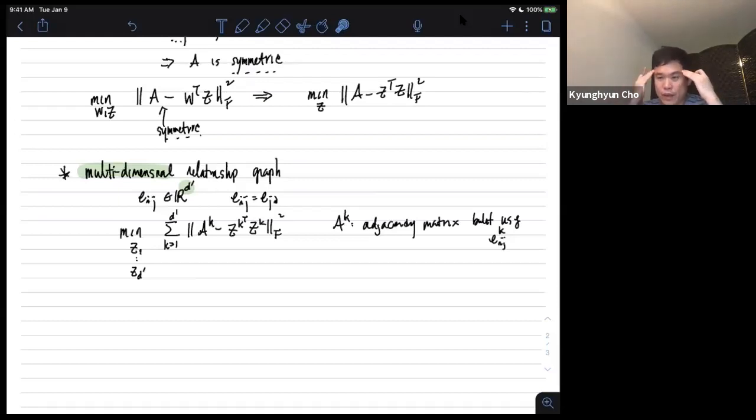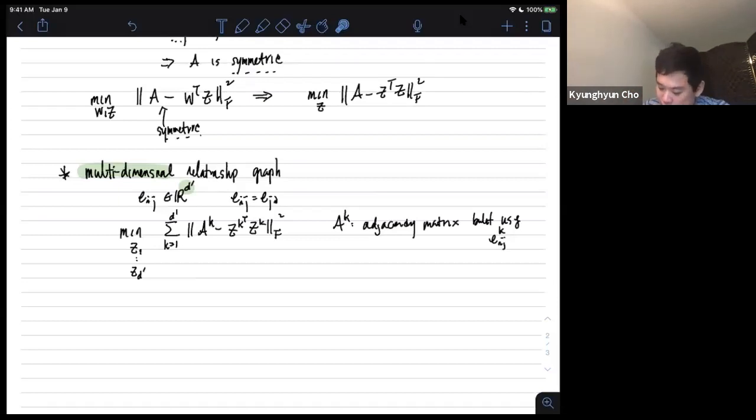So then what can we do? Perhaps what we want is to give a single vector to a single vertex, but we want to transform this vector into a slightly different vector for each relationship separately.